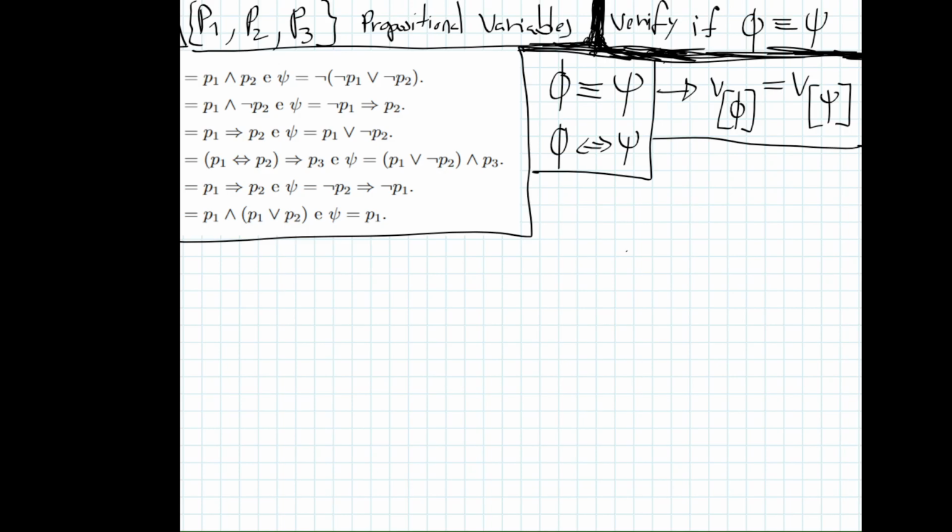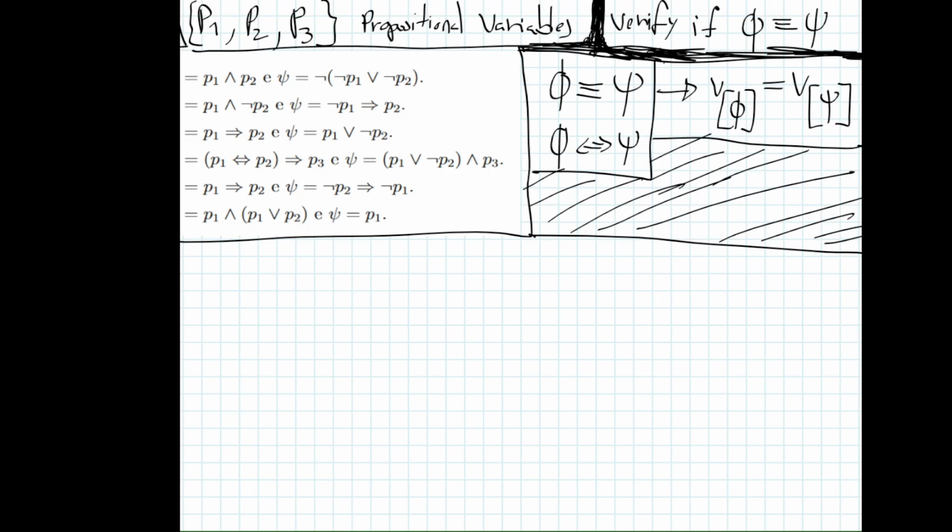Therefore, the equivalence is indicating the same result and different semantic valoration. Okay, right. That's one of many confusions cleared up. So let's begin.